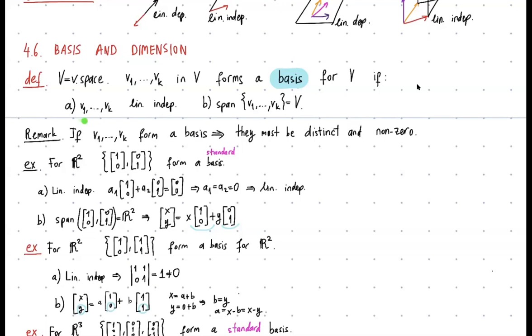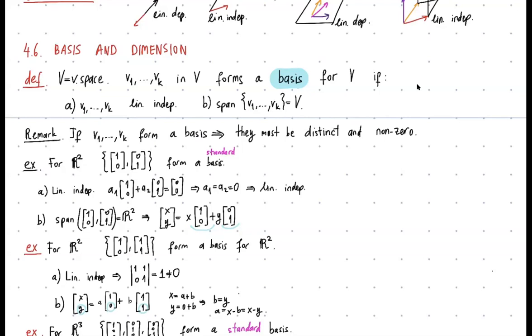If you add more vectors to it, you lose linear independence. And this ensures that there is just the right amount of vectors, okay? So if you remove one of these vectors, you do not get the span. So you cannot add more vectors, and you cannot subtract any vectors from a basis. That's the essence of the basis.